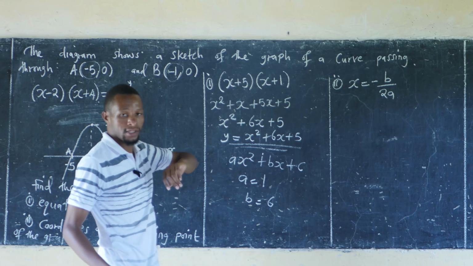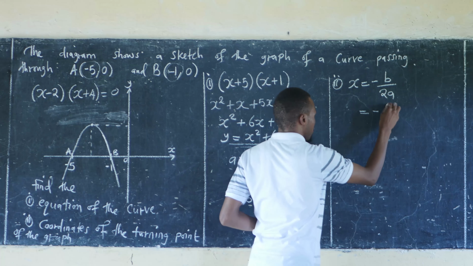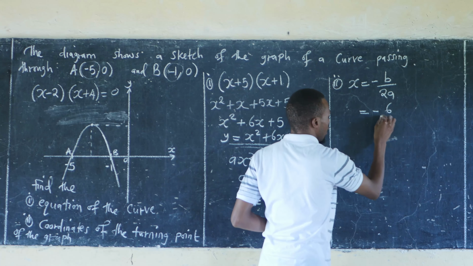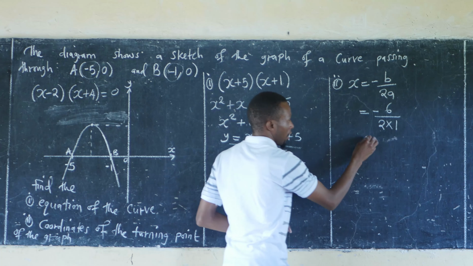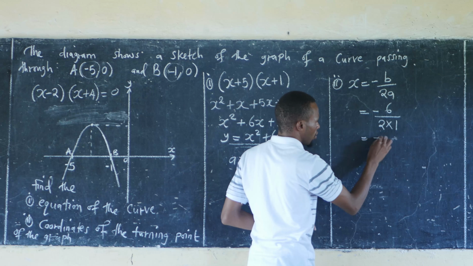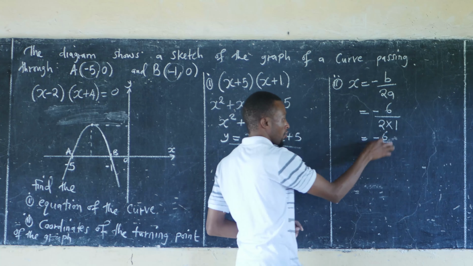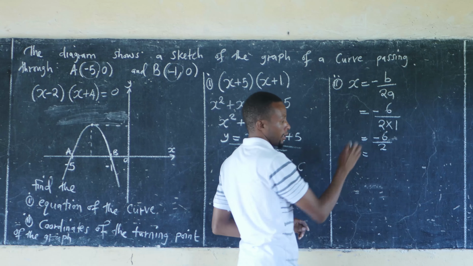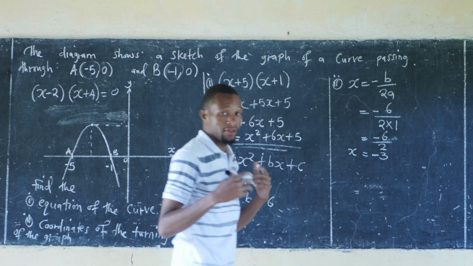We substitute: x equals negative 6 over 2 times 1, so negative 6 over 2. Dividing by 2, we have negative 3. So we have found x.